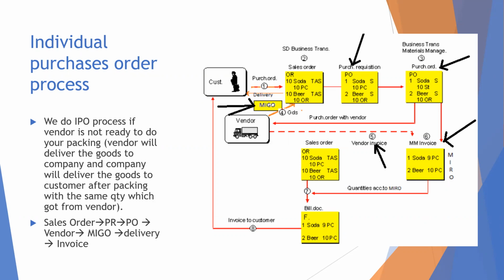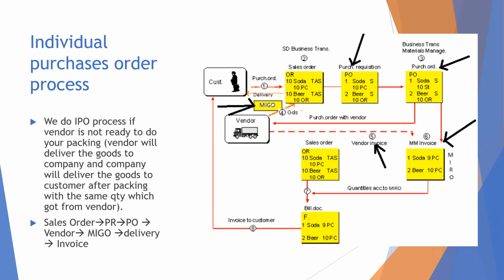The vendor will raise the invoice to the company, then the company again will raise the invoice to the customer. This is the main difference between the individual purchase order as well as the third party order. You can see here I have highlighted with an arrow mark. In many places you can see there is a direct integration between SAP SD as well as MM. This is what you need to remember: one is the third party order and the other is the IPO process.